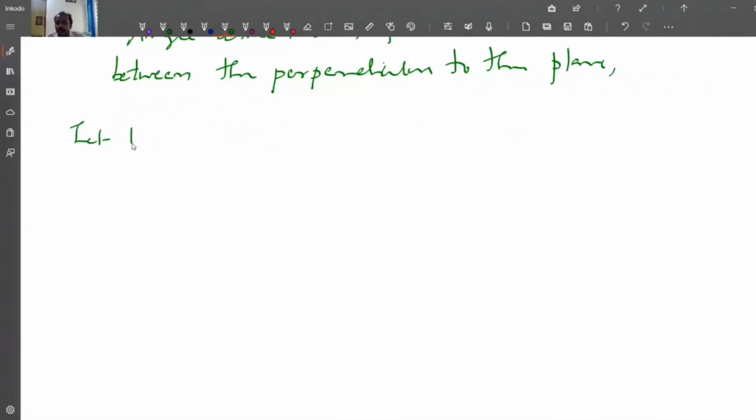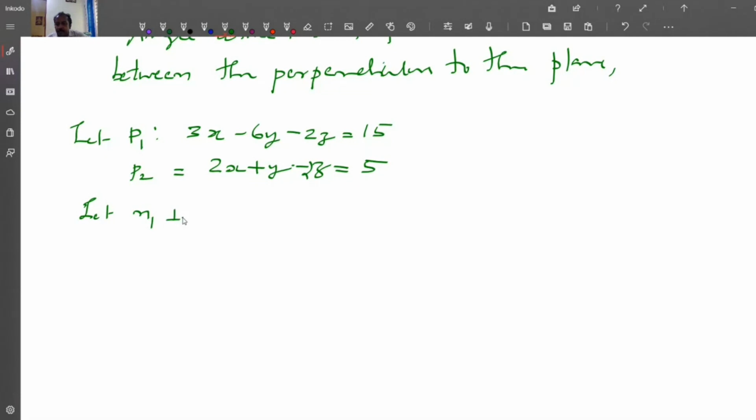Let plane 1 be 3x minus 6y minus 2z equal to 15 and plane 2 be 2x plus y minus 2z equal to 5. And let n1 be perpendicular to p1 and n2 perpendicular to p2.